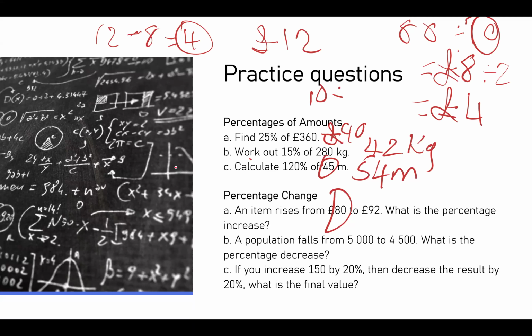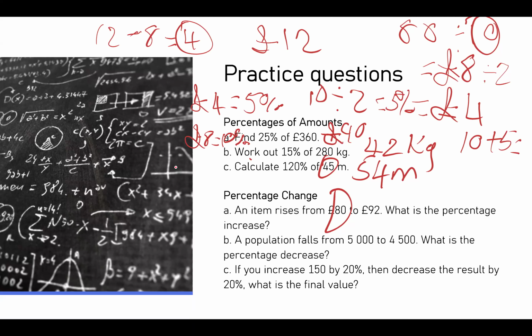So 10 divided by 2 equals 5%. So £4 is 5%, and £8 equals 10%. So then all we would do is 10 add 5 equals 15%.